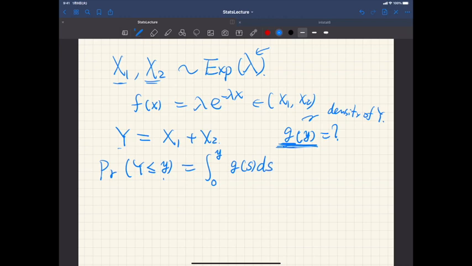But g actually has two random variables inside it, and they are independent.